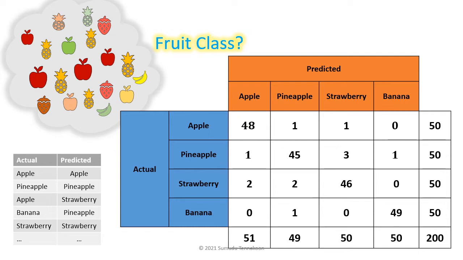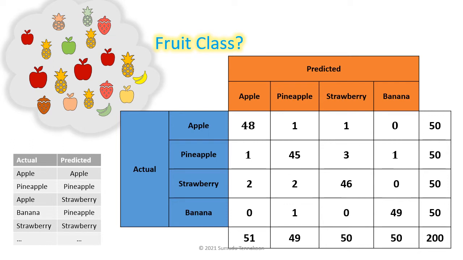in columns, right? So if you give an actual apple, and your model also predicts apple, that is the true prediction. Same as that, you gave actual pineapple, and in the pineapple column you have 45 of them correctly predicted. Same for the strawberry, 46 actual strawberry predicted as strawberry from your model.